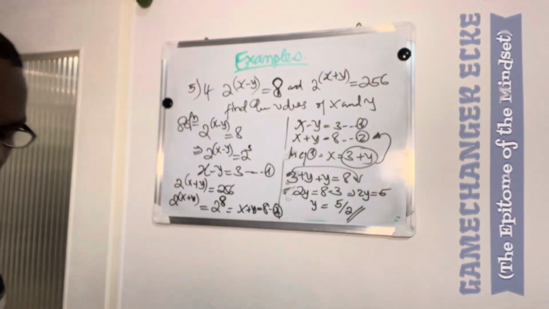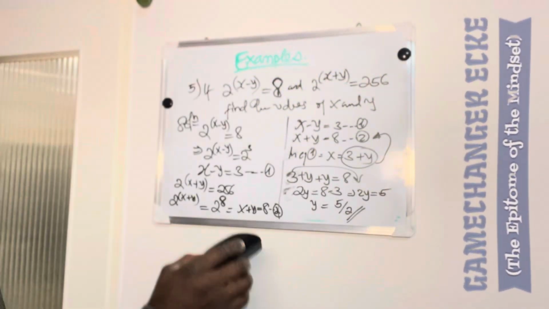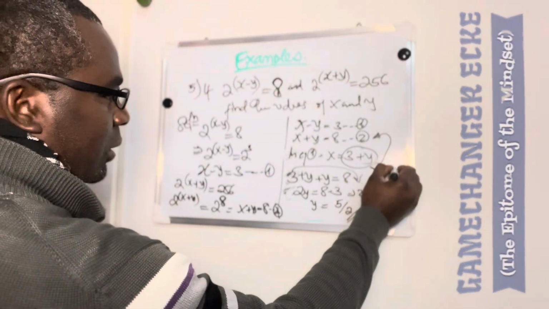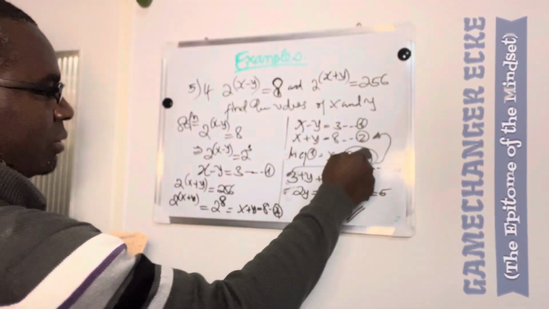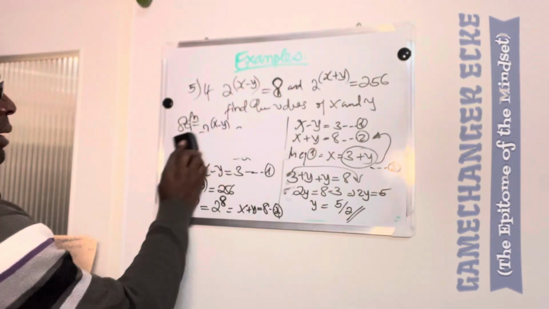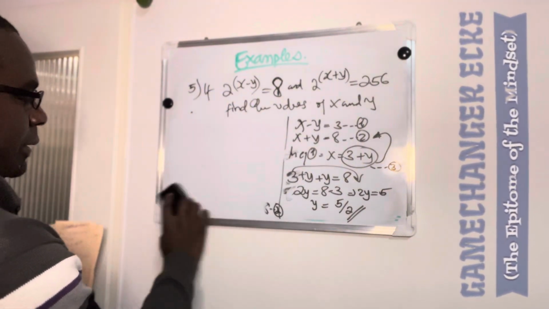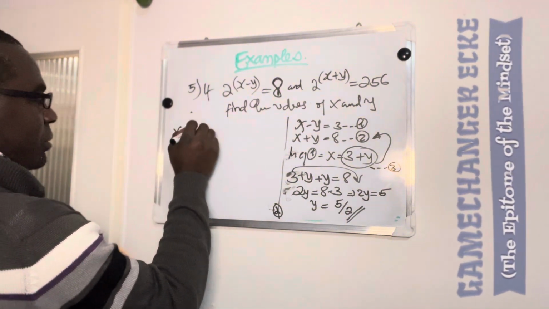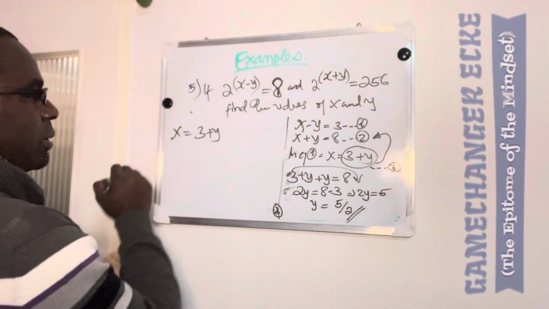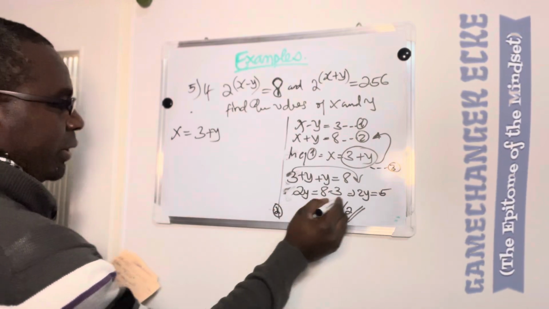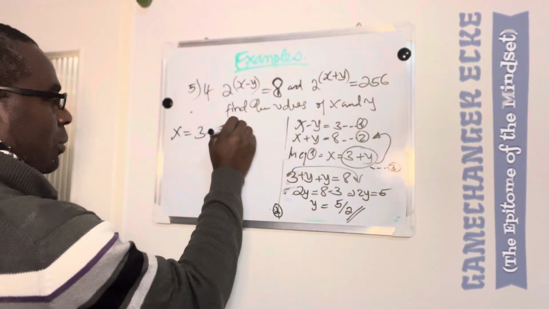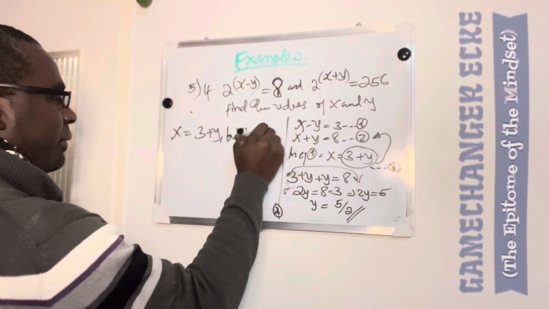Since we now know the value of y, we substitute y into equation 3 and get the value of x. In equation 3, x is equal to 3 plus y, and y is equal to 5 on 2.